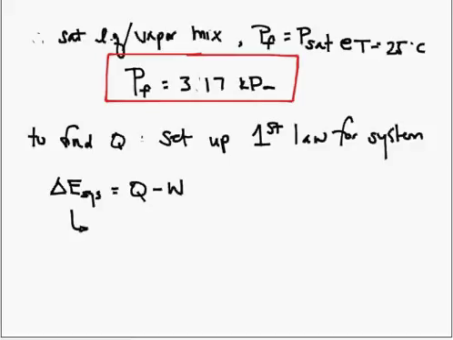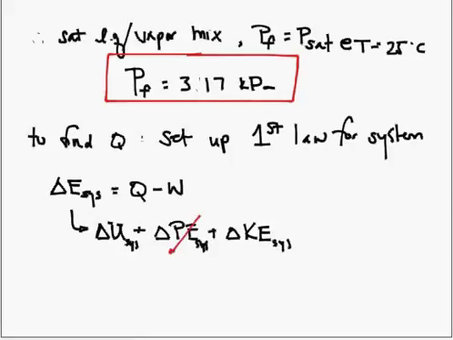Now remember that the total energy of the system includes the change in the total internal energy, plus the change in potential energy, plus the change in kinetic energy, all of our system. And we're going to assume, additional assumptions here, that these are negligible.